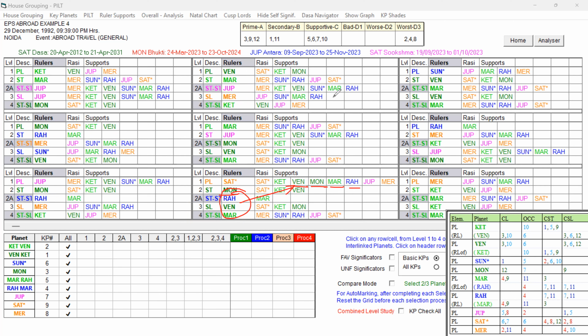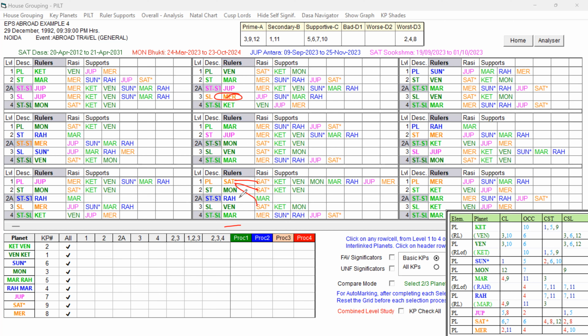So it is not completely weak. It is supportive for the event, but because of their influence, they are not strongly favorable for a long stay. It is supportive for a short duration. Moreover, Saturn does not have the unfavorable Mercury in its rulers, only in supports. That way, Saturn Dasa is very good.